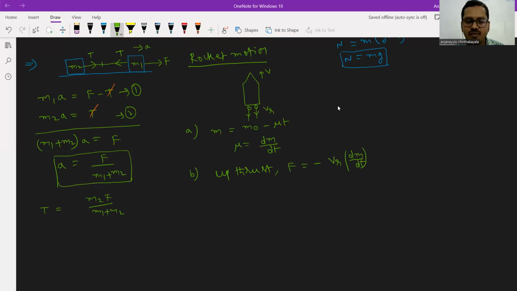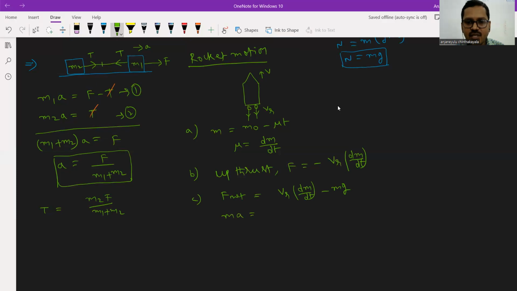Now finally, the velocity of the rocket at any instant of time t we can calculate by using the resultant force acting on the rocket. What is the net force acting on the rocket? The upthrust acts in the upward direction, but mg acts in the downward direction. Then F net is Vr into dm by dt minus the gravitational weight mg acting downward.